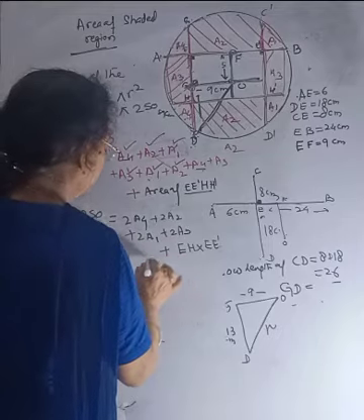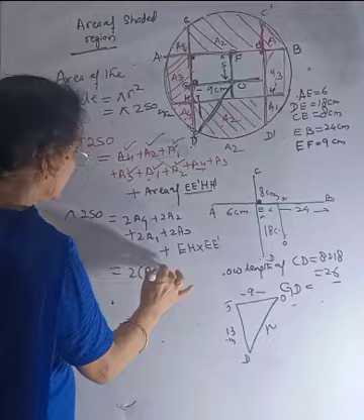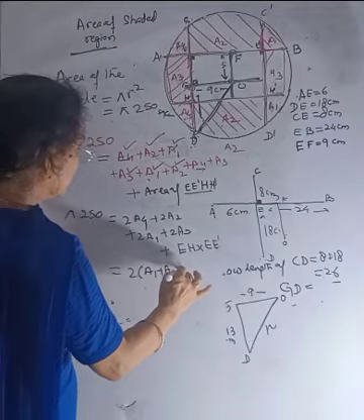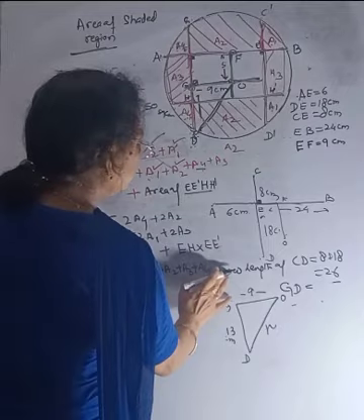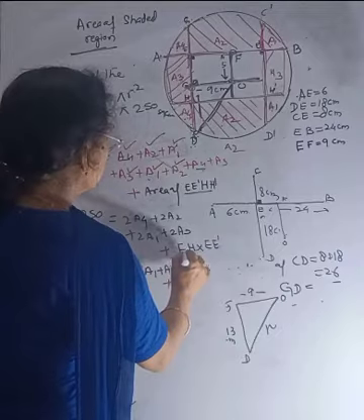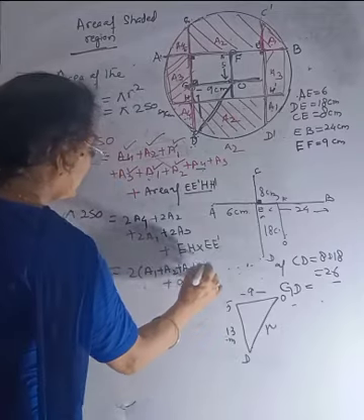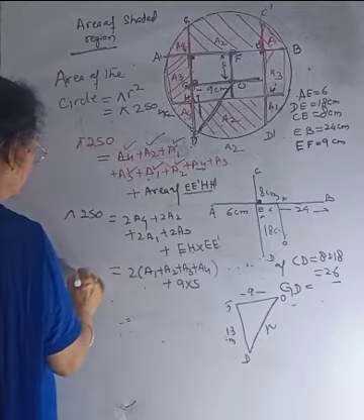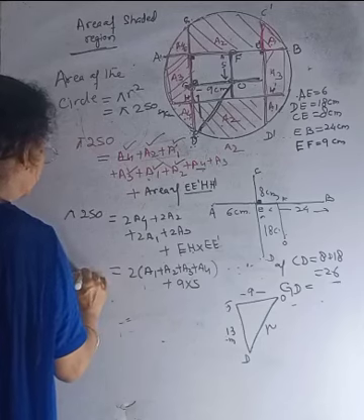So we can say that the area of the circle, 250 pi, is equal to 2 times A1 plus A2 plus A3 plus A4, plus 9 into 5, that is 45.